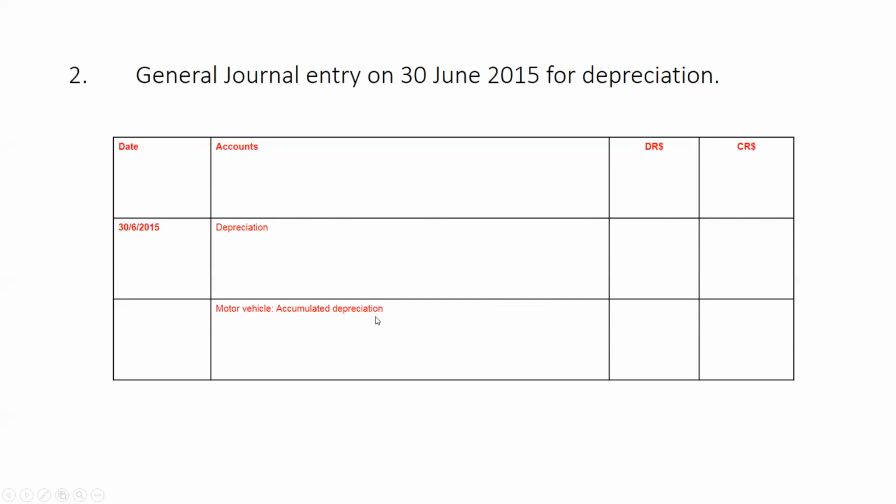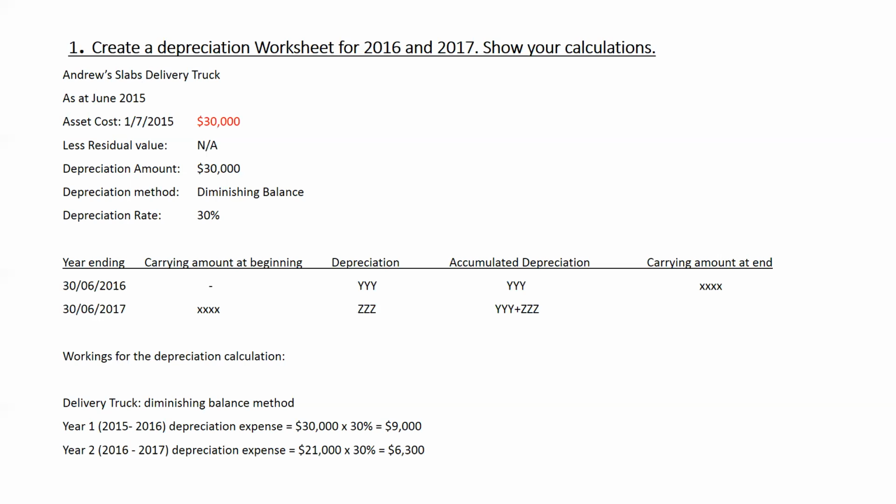So if you understand the concept of accumulated depreciation, this is like a liability, right? So if it's increasing, we need to make this a credit. So this would be the depreciation, and you need to write the amount here. And the amount is exactly from before, what we found here. See, what we found here, we need to write exactly here.